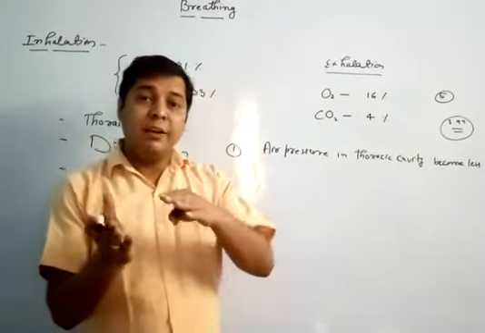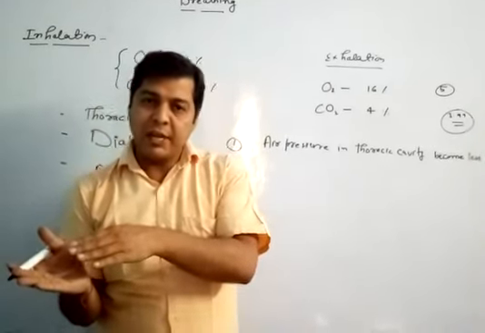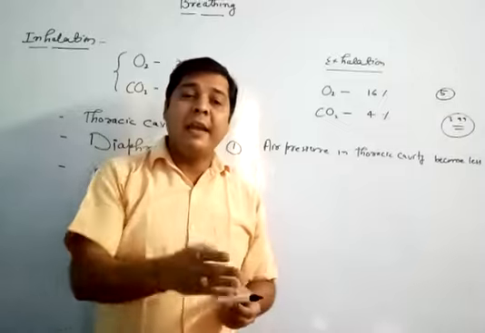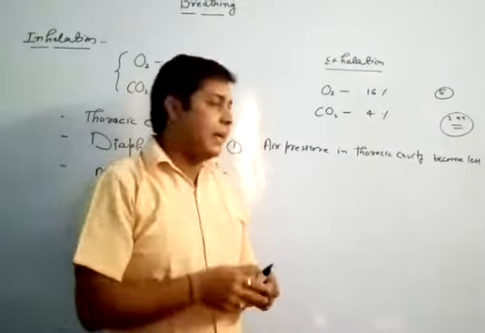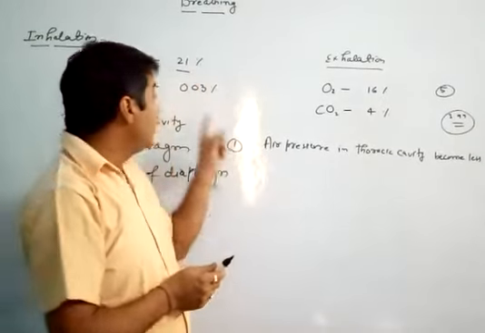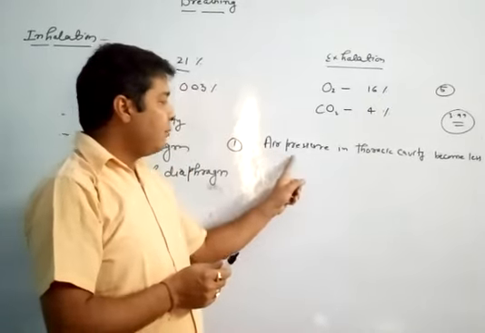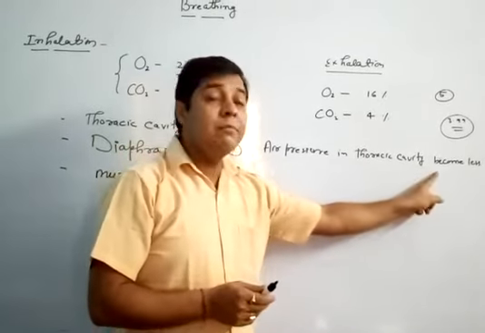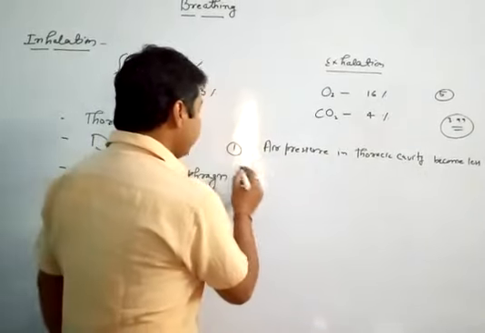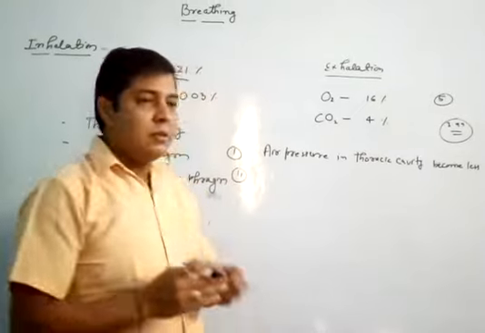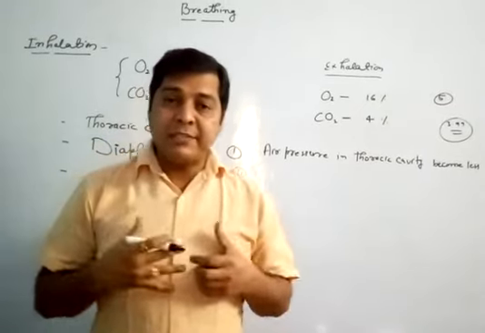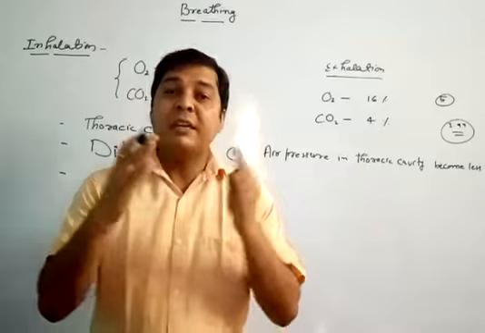So air moves from a higher air pressure area to a lower air pressure area, and air moves from outside to inside. The first change taking place during inspiration is that air pressure in the thoracic cavity becomes less.